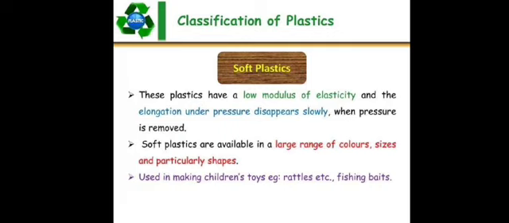The next one is soft plastics. The plastics have a low modulus of elasticity, and the elongation under pressure disappears slowly when the pressure is removed. Soft plastics are available in a large range of colors, sizes and particle sizes, used in making children's toys, for example.